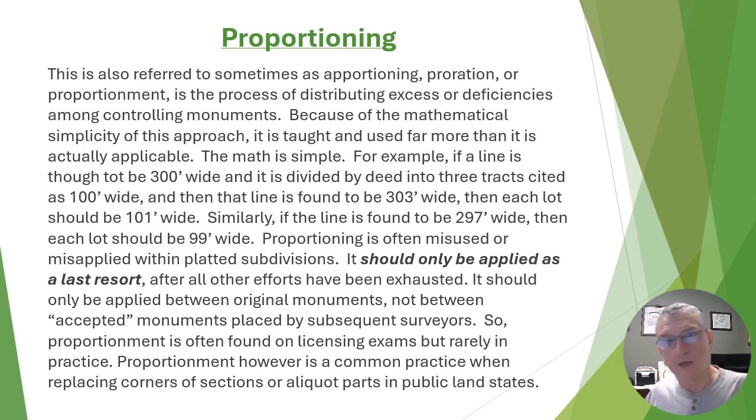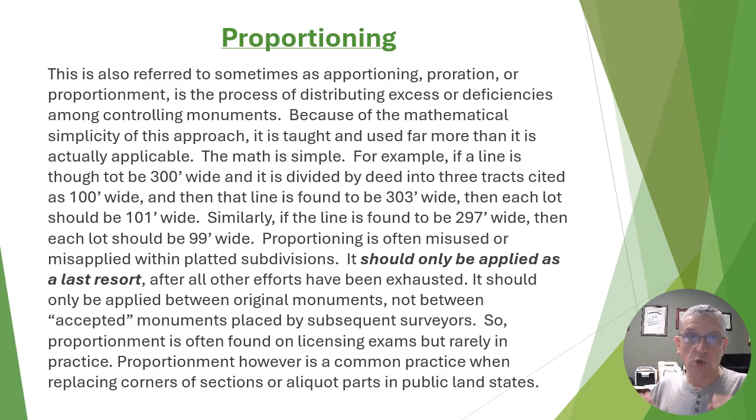Proportioning. Here's another doctrine or approach that you'll see on licensing exams. It's very simple. My example is if a line is supposed to be 100 feet wide and there's 3 100-foot wide lots cut off of it, and then you come back later, nothing else has happened, no occupation, no pins in the ground, just the 2 corners, 300 feet apart, and you find out that they're 303 feet apart, then each lot, because it's part of simultaneous conveyance, gets its share.